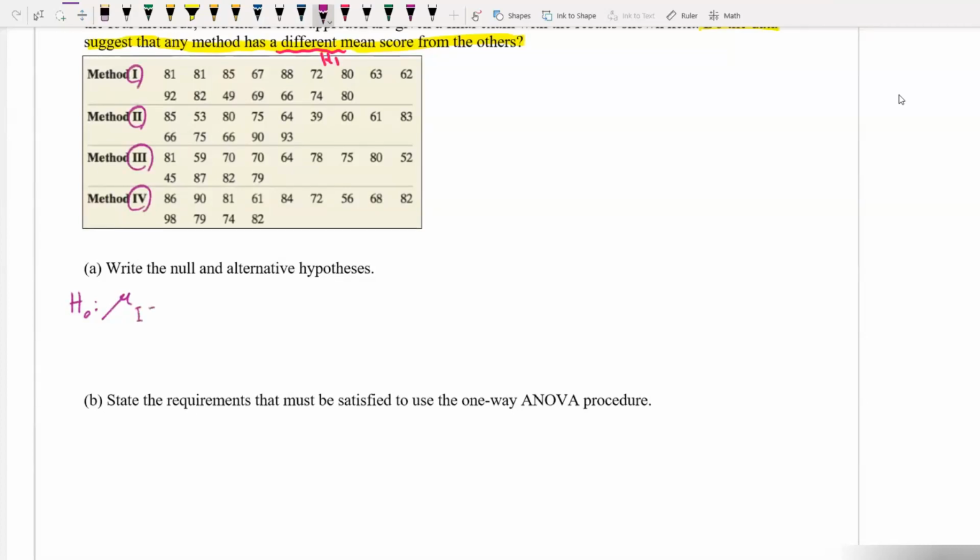For the first one, that is equal to the second method, equal to the third one, equal to method 4. And for the alternative, you only need to write at least one differs from the others.